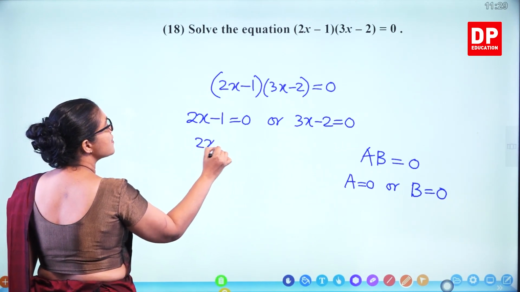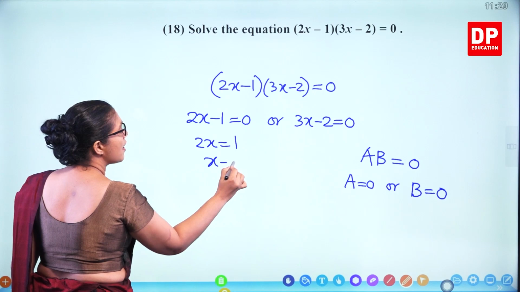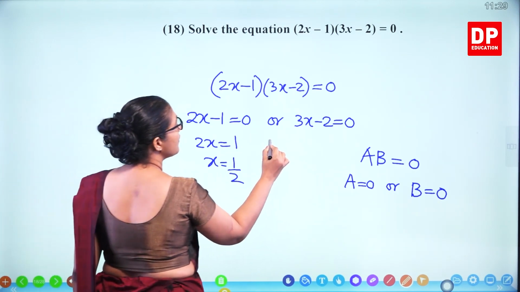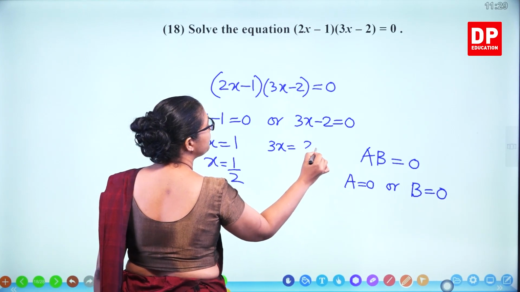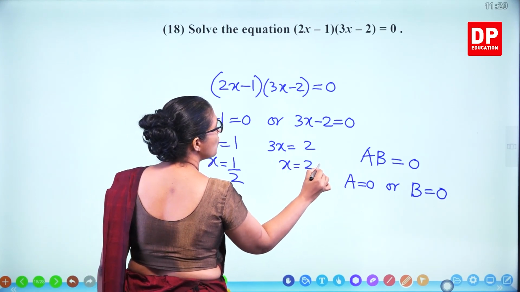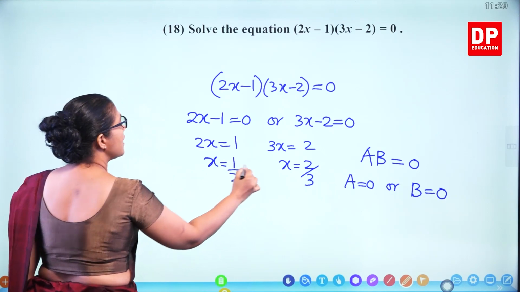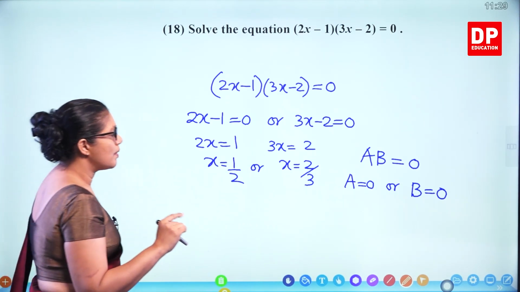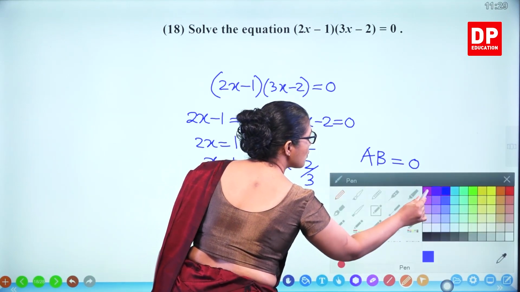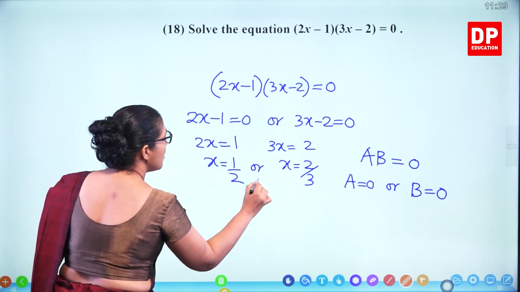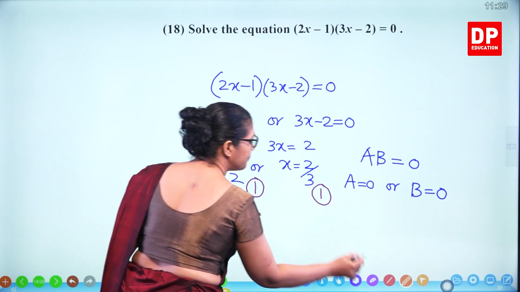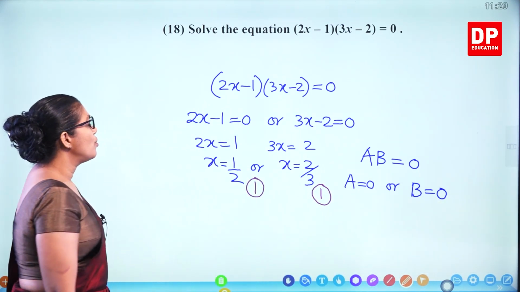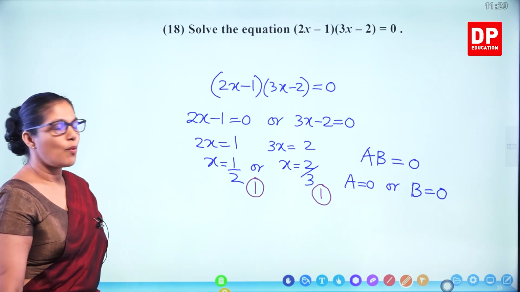So you get 2x equals 1, x becomes half. What's the other answer? 3x becomes 2, x becomes 2 over 3. So you can get either x equals half or x equals 2/3. So you get 2 answers, 1 and 1. So marks also given for 2 x values, 1 each.